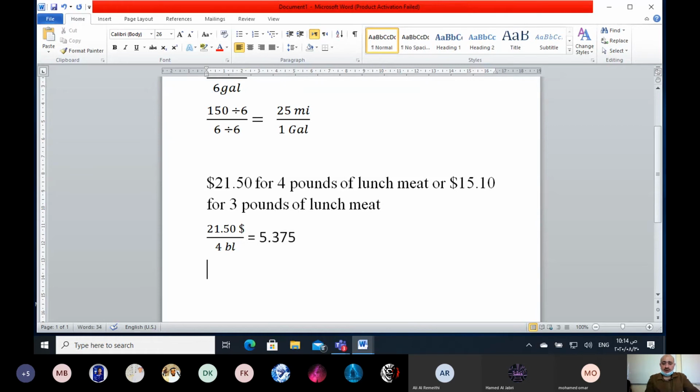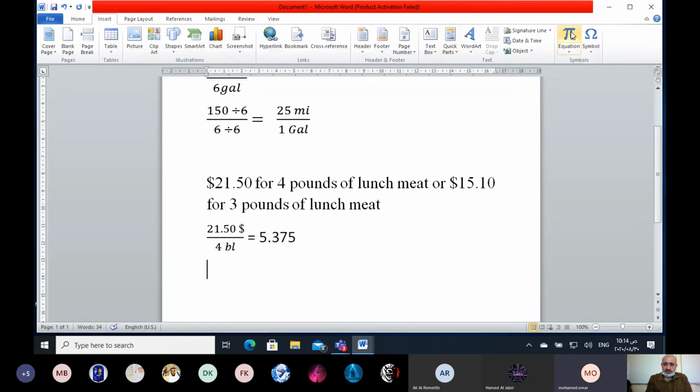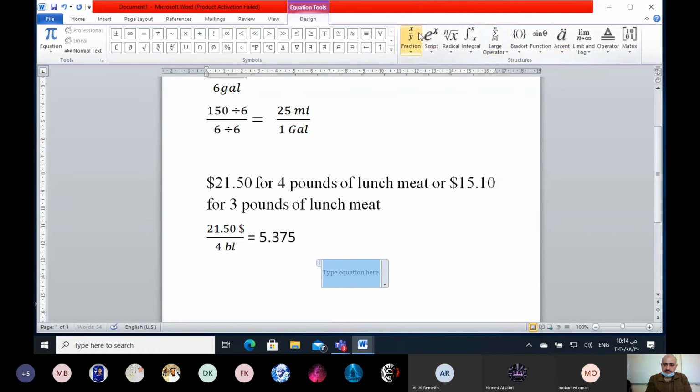Now take the second offer. Also use the fraction. Here we have 15.10, and down we have 3 pounds.